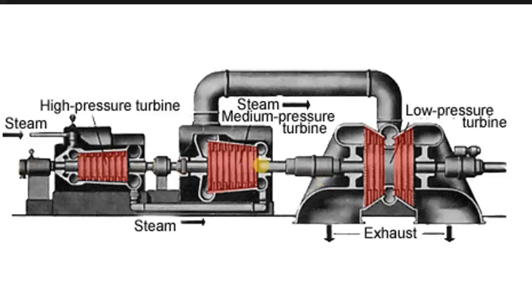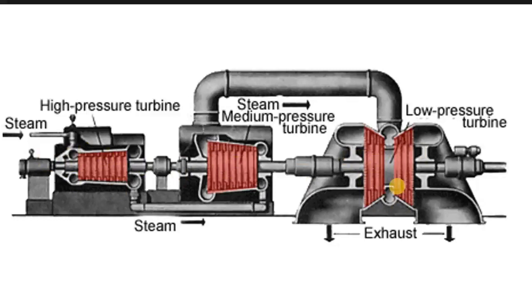Here you see one long shaft, and on this single shaft there are three turbines attached. These three sections of the steam turbine are the high pressure section, the intermediate pressure section, and the low pressure section.